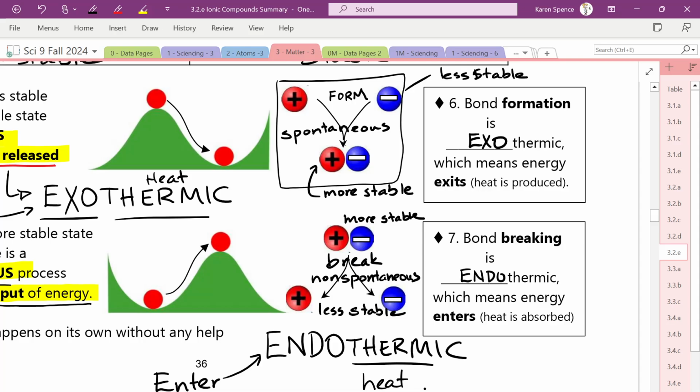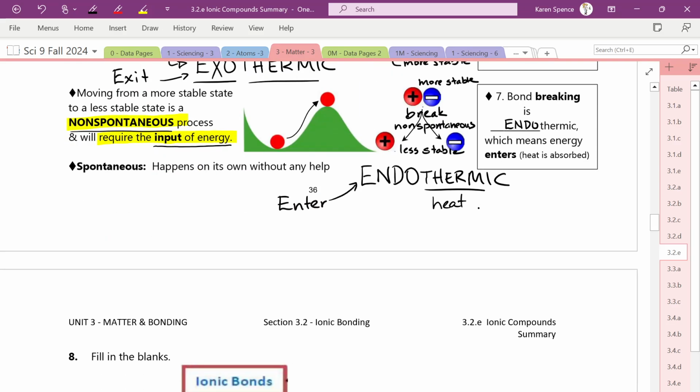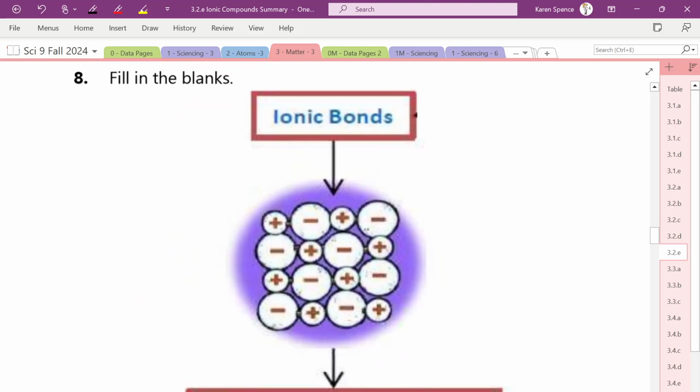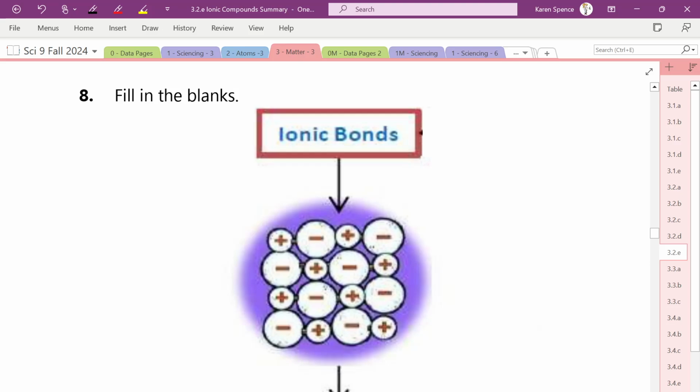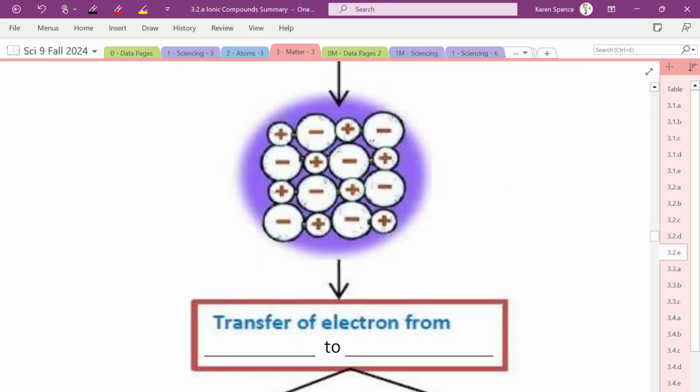All of that is enriched stuff, so if you don't know it, that's okay. And let's see how quickly we can fill in these blanks. Here we have ionic bonds. Did you guys have a chance to complete that last page of stuff? Everyone did? Okay.